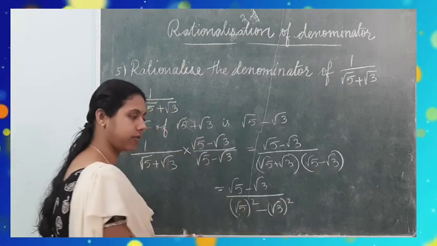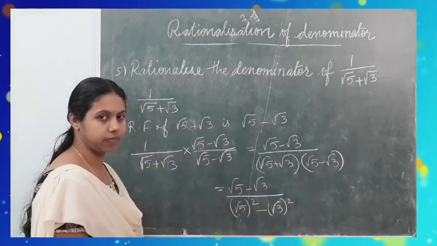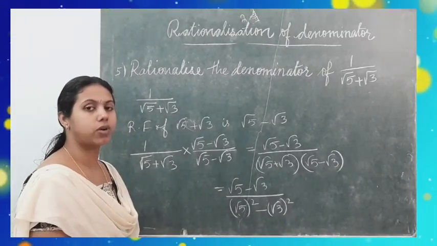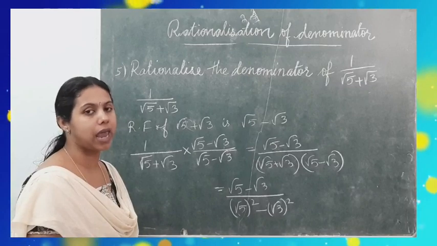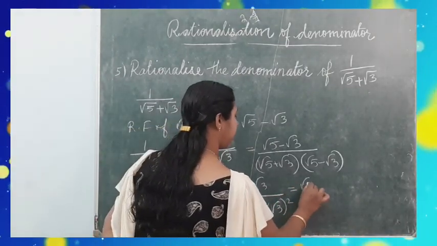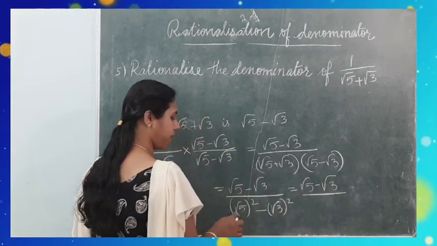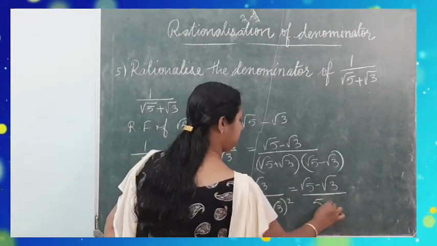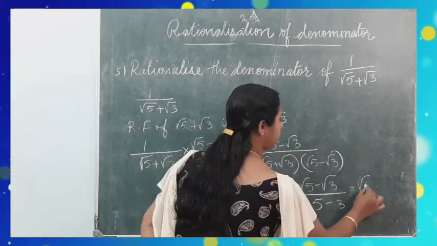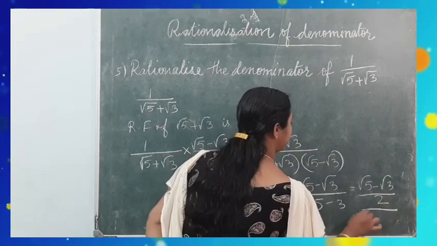You can write this way, or directly you can write 5 minus 3. Because we know the identity root a plus root b into root a minus root b is equal to a minus b. So it's equal to root 5 minus root 3 divided by root 5 whole square is 5 minus 3, which is equal to root 5 minus root 3 divided by 2.